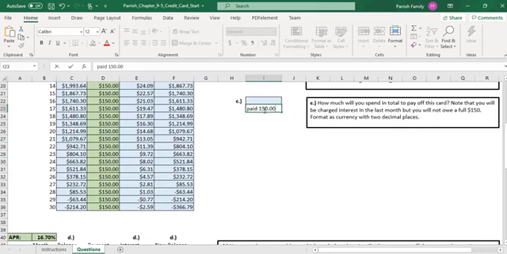How many months did you pay $150 for? Well, we paid $150 for 27 months, okay? And then the last month we paid the $85 and the $1.03.